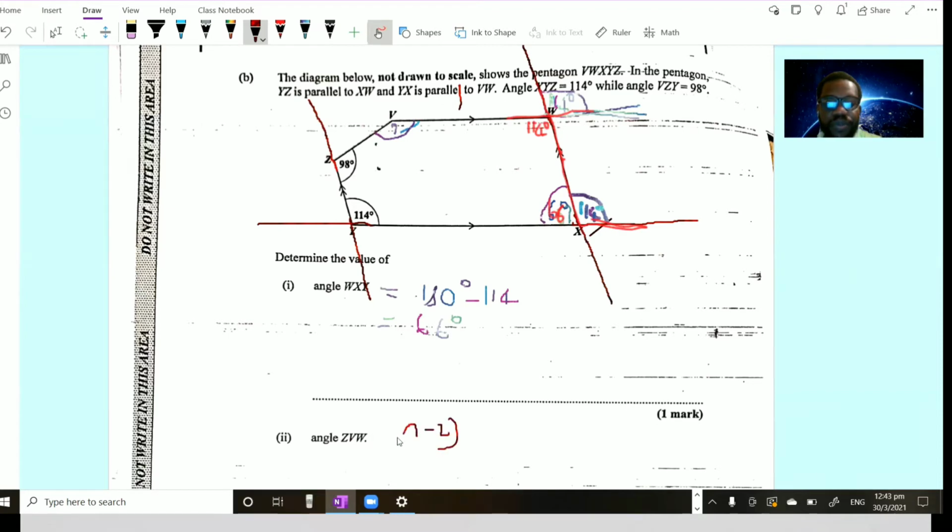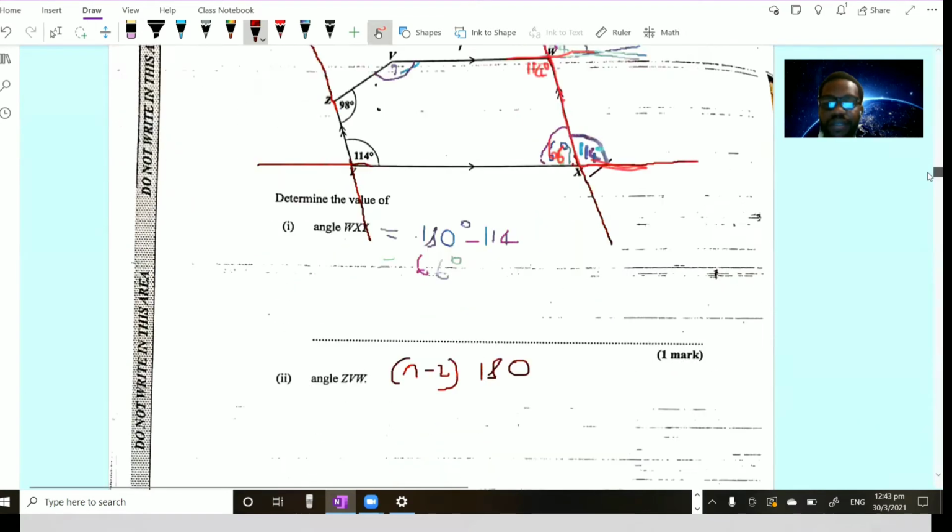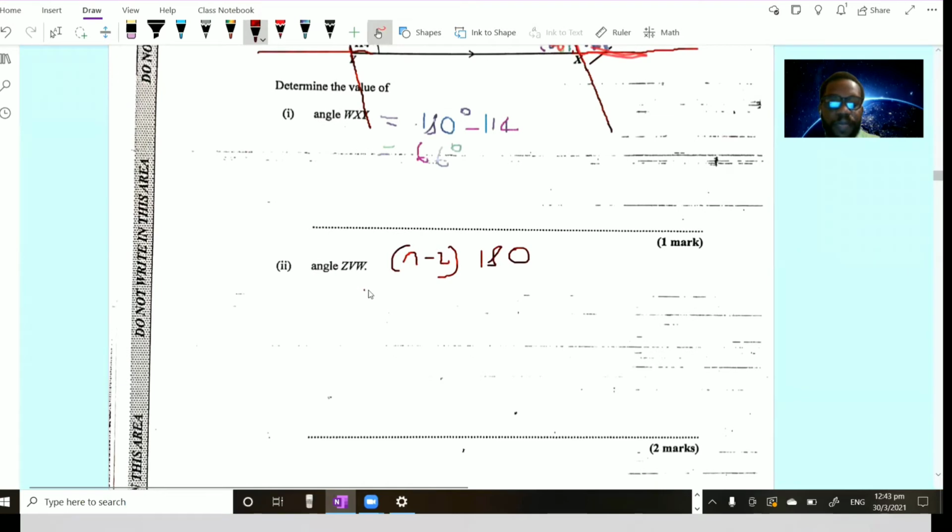It's n minus 2 times 180. So in terms of a pentagon, a pentagon has 5 sides, all right? So it's going to be 3 times 180, because 5 minus 2 is 3. Now if we multiply 3 by 180 degrees, I'm going to get 540 degrees.